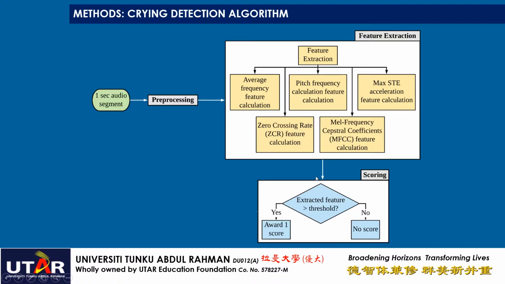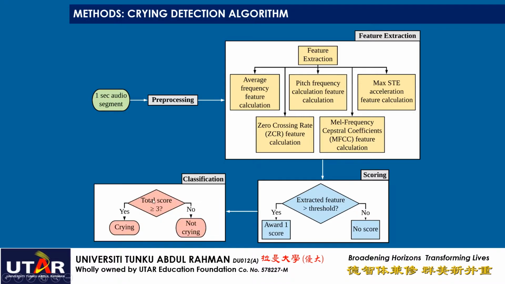From the calculated features, a score is awarded for every feature based on whether the feature surpasses a certain threshold. Finally, if the total score of this 1 second segment is equal to or more than 3, it is classified as crying. But if the score is lower than 3, it is classified as non-crying.